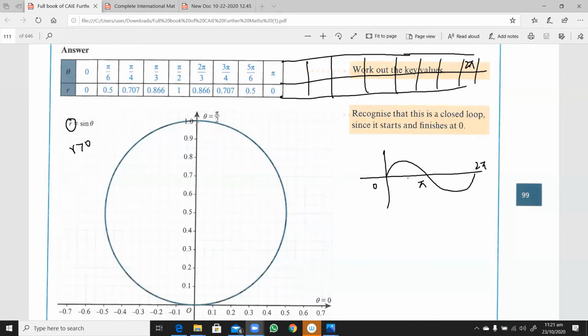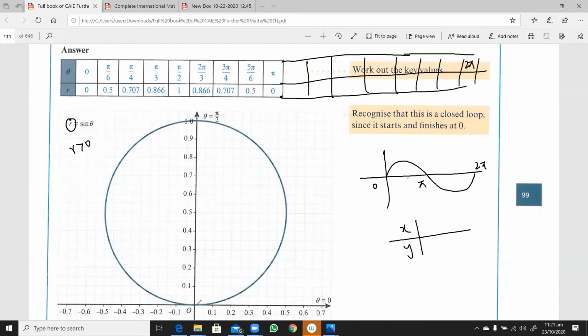Look, son, when you have to draw this graph for r equal to sine theta, this is not like x and y where you take a value of x and then get the corresponding value of y. Look at this. Your theta is 0, so you are at 0 over here.